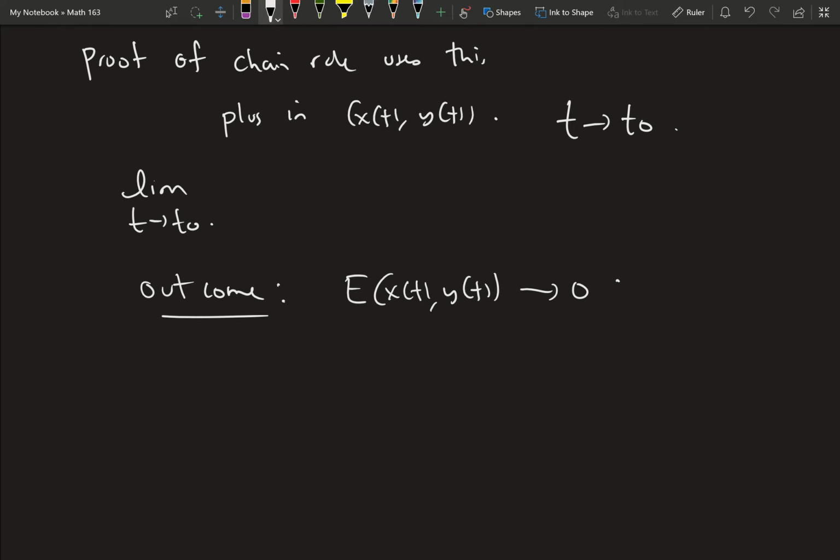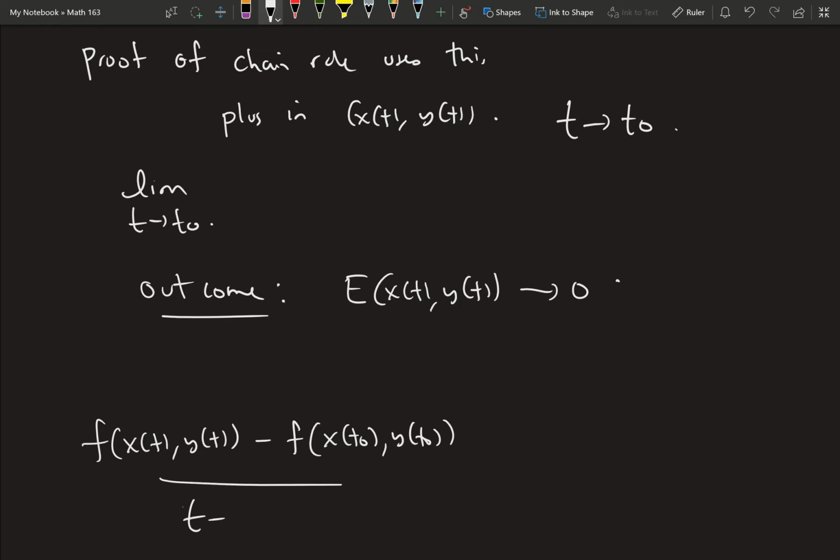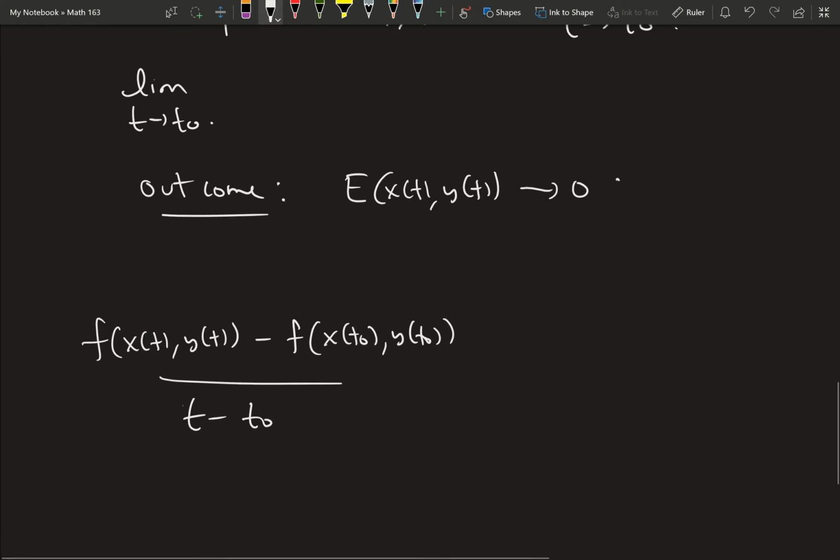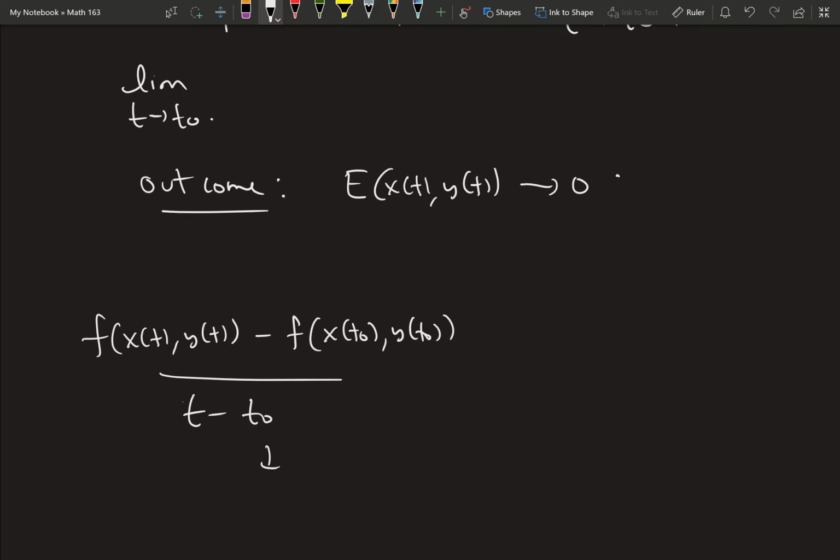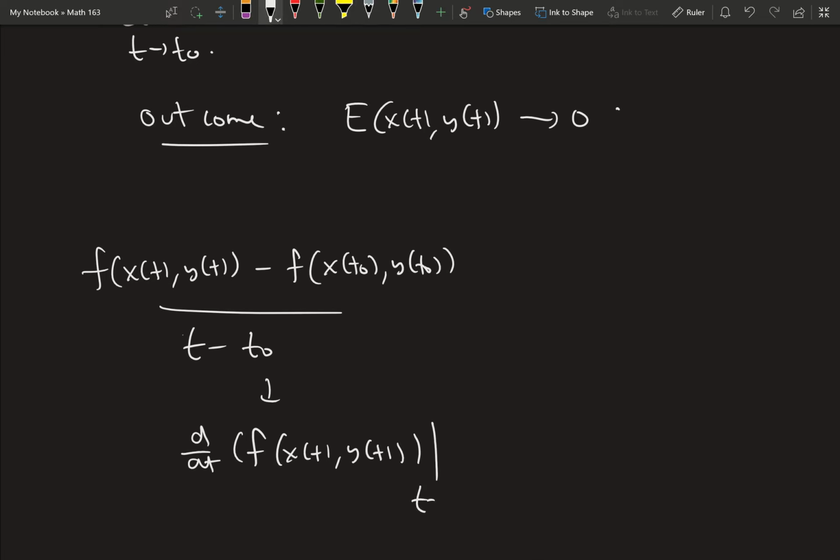on the left side: f of x of t, y of t minus f of x of t naught, y of t naught, divided by t minus t naught. This is essentially your d by dt of f of x of t, y of t at t equals t naught.